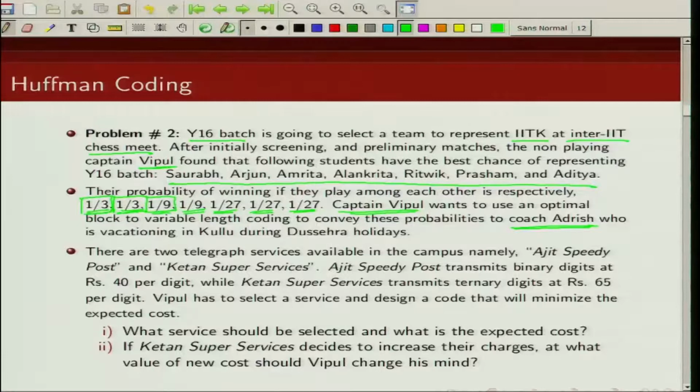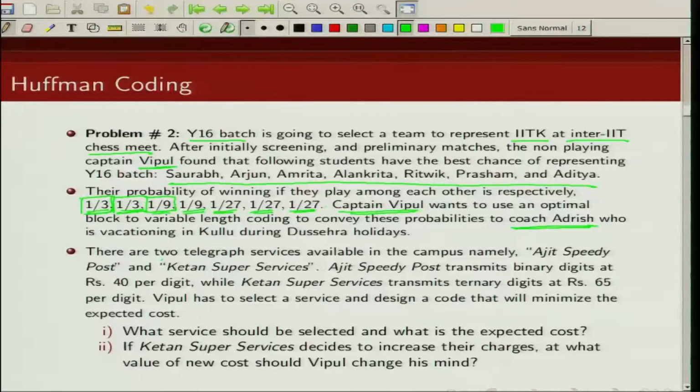U1 happens with probability 1/3, U2 happens with probability 1/3, U3 happens with probability 1/9, U4 happens with probability 1/9, and U5, U6, U7 happen with probability 1/27. Now he wants to encode this information using an optimal block to variable length coding.